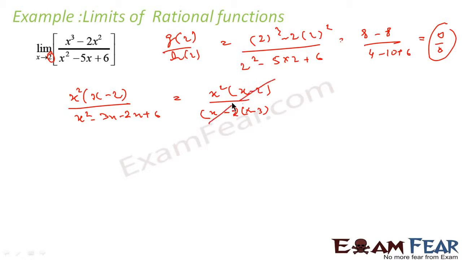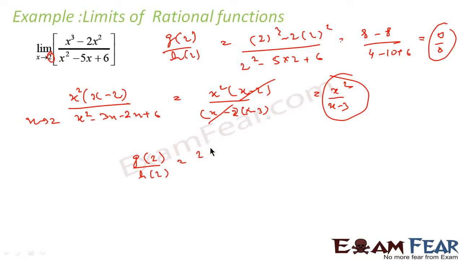X minus 2 will cancel because this is the culprit; when we say x equal to 2, this becomes 0. So this becomes x square by x minus 3. Now we put x equal to 2. So g2 by h2 becomes 2 square by 2 minus 3, that is 4 by minus 1, that is minus 4. So minus 4 is the answer.